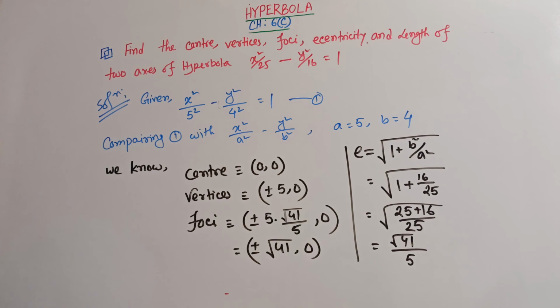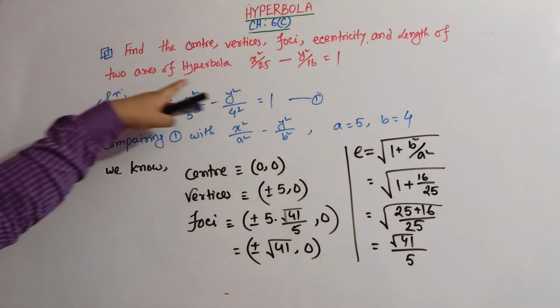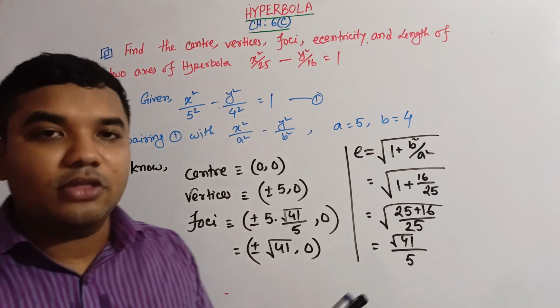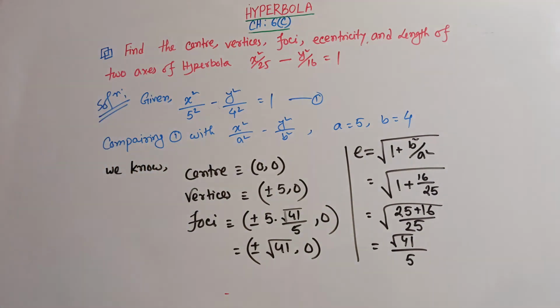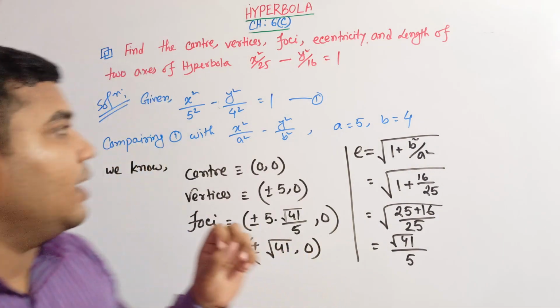And finally we have to find one thing, that is the length of the two axes. So what's the length of the two axes? That means what is the length of the transverse axis and what's the length of the conjugate axis.